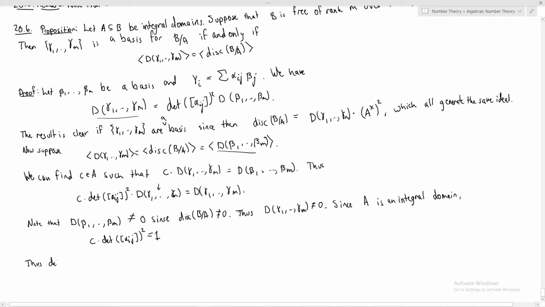We see that the determinant of alpha ij is a unit, with inverse C times the determinant of alpha ij. Once we know that the determinant is a unit, then we know that this matrix, alpha ij, is invertible.